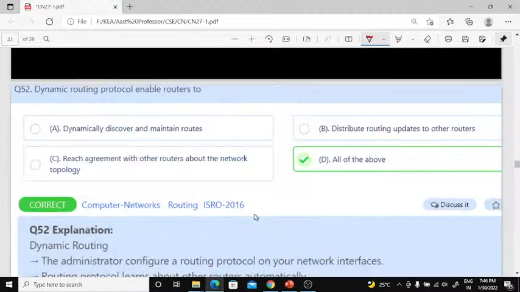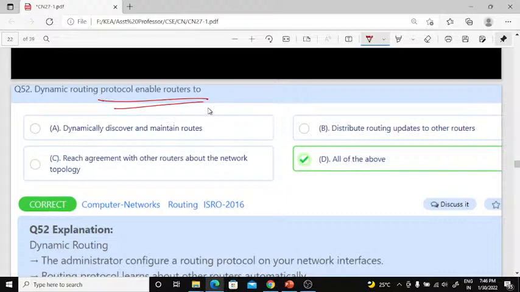Dynamic routing protocol that enables routers to dynamically discover and maintain the route. It reaches agreement with other routers about the network topology and distributes routing updates to the other routers.